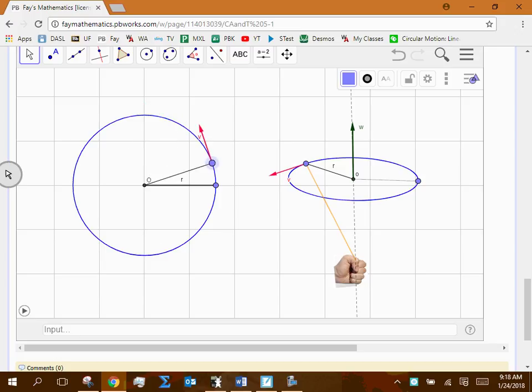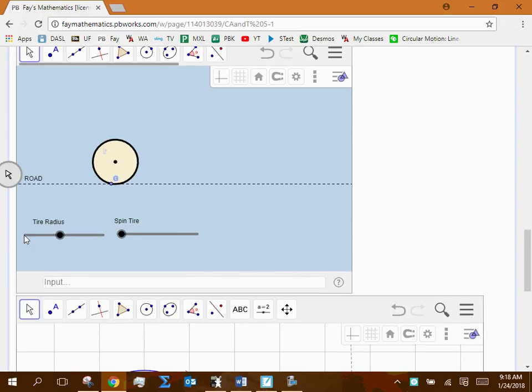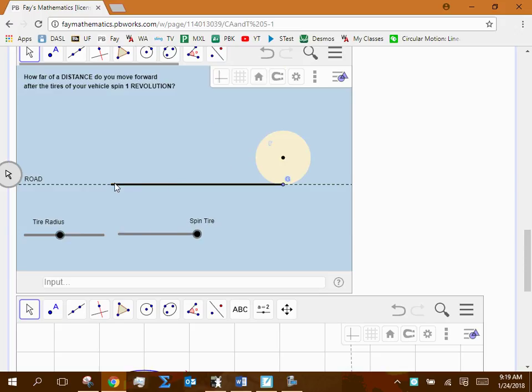It's essentially the same thing as with linear velocity, which is a distance divided by a time. That's how fast length is changing, how fast did this segment grow in regards to a time?